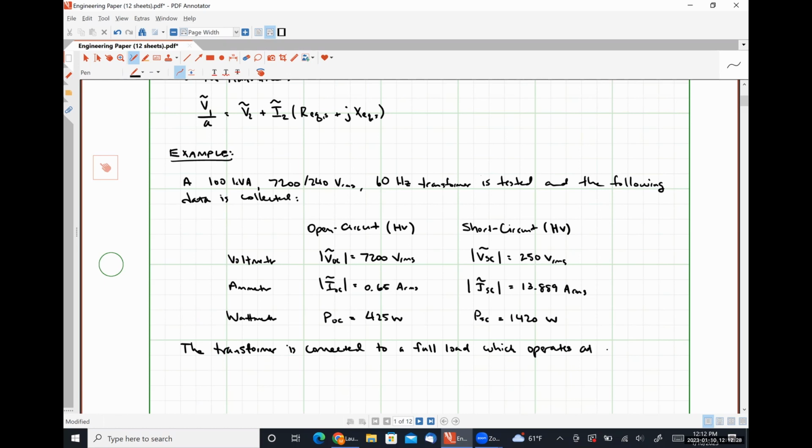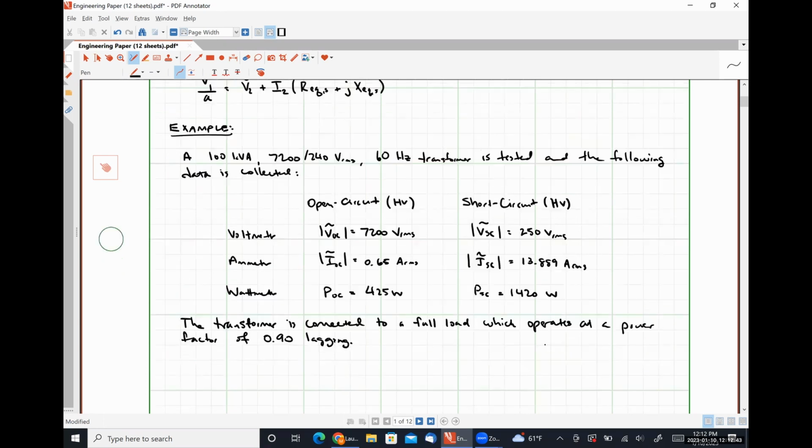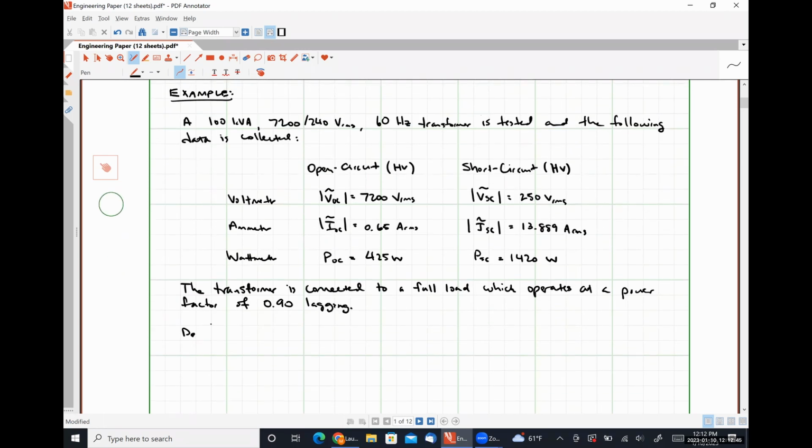Which operates at a power factor of 0.90 lagging. And we want to determine the voltage regulation of the transformer.